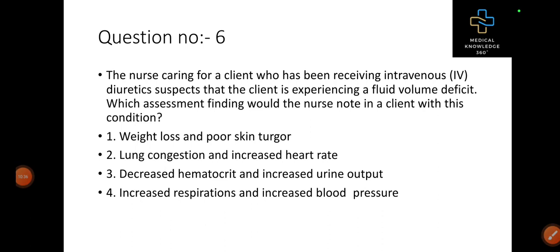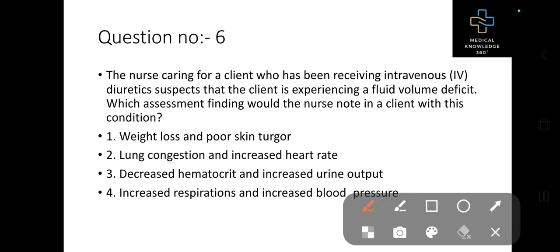Now our sixth question is, the nurse caring for a client who has been receiving intravenous diuretics suspects that the client is experiencing a fluid volume deficit. So, which assessment finding would the nurse expect to note in a client with this condition?